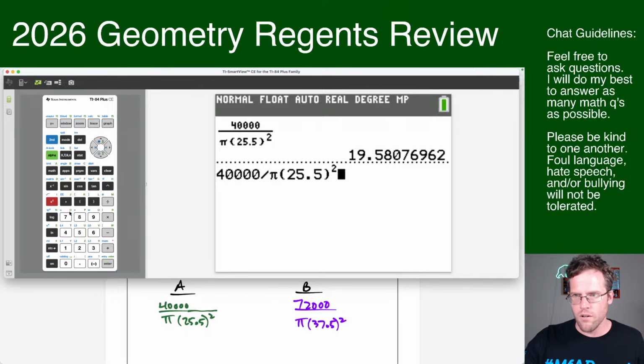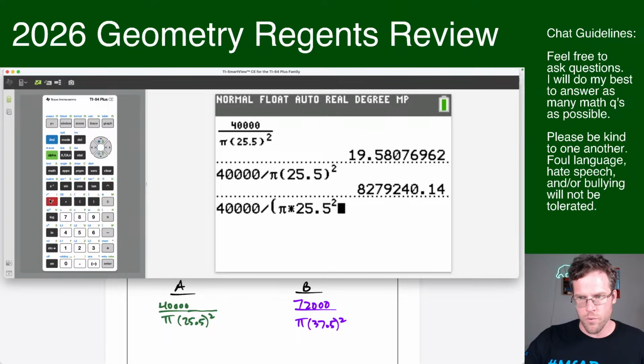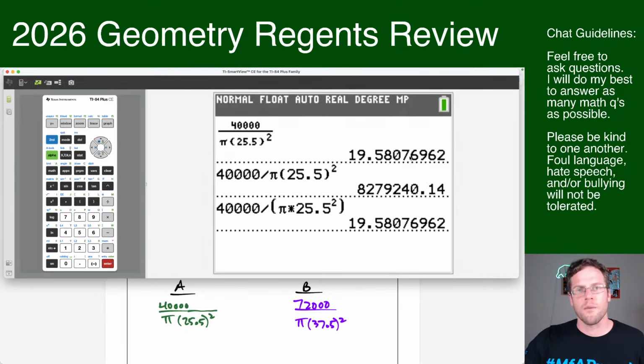And then they're like, oh no, the calculator's broken. And I'm like, no, the calculator's not broken. You're broken. The calculator reads this differently. If you don't want to use alpha y equals enter, then you divide by parentheses pi times 25.5 squared. You have to do the denominator in parentheses, and then you get the same answer. So just be careful.